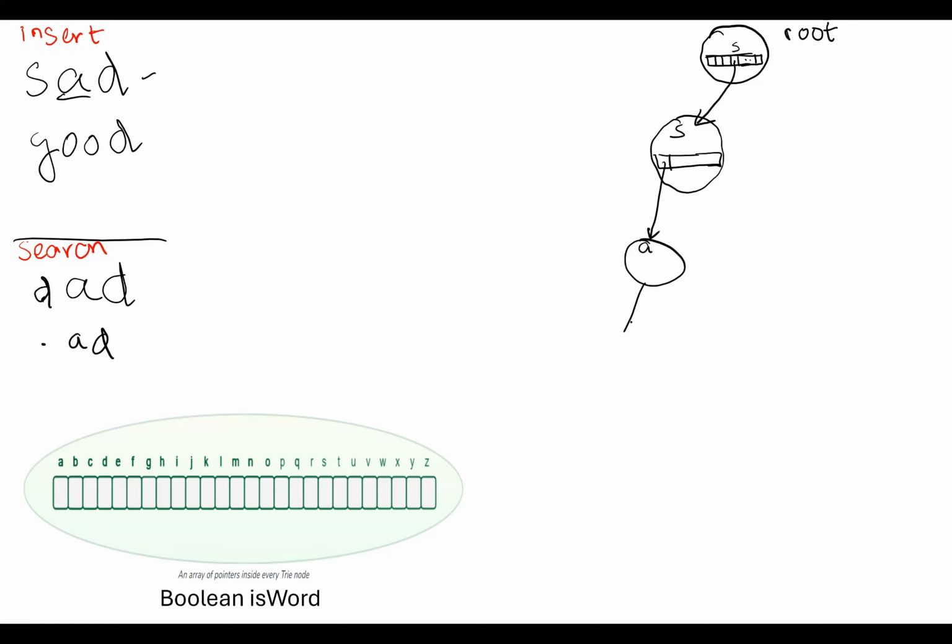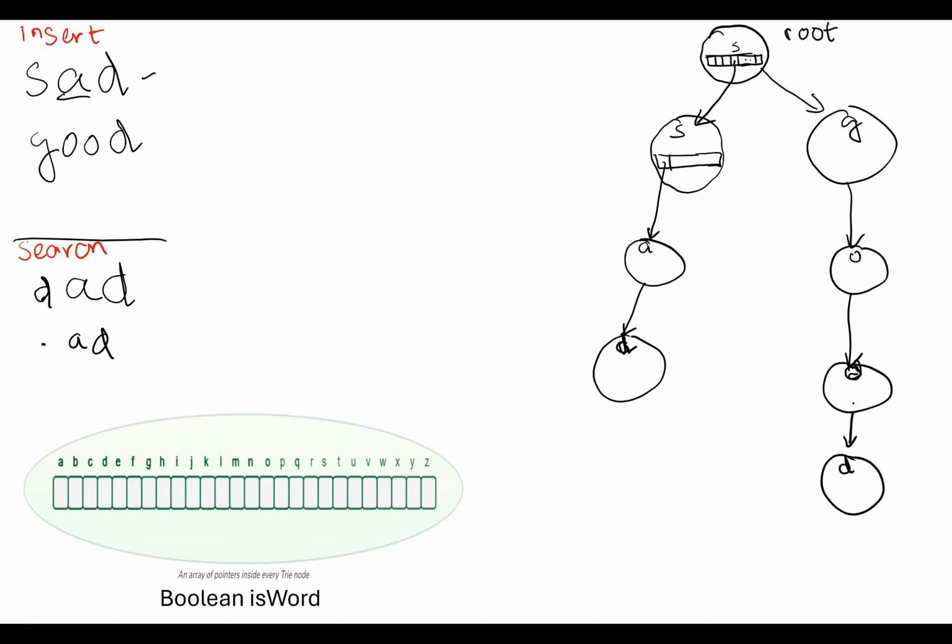Next, similarly, D is not a child of A, so we're going to create a node for D. Okay. Similarly, we'll create nodes for G, because G is not there in the root yet. Then O, and D.